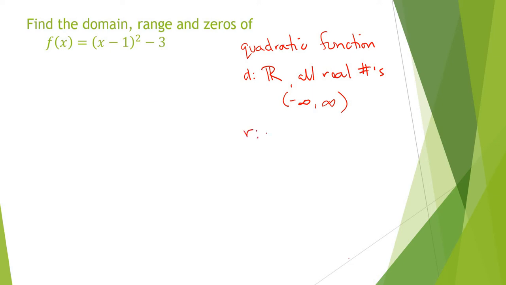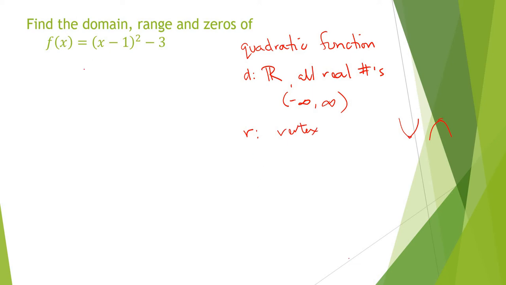Now we also know, since it is a quadratic function, that the range will be restricted. It will either have a minimum value or a maximum value within the range. So how do we determine that? Well, to find the range of a quadratic, we need to know the vertex, that high or low point, the max or min.